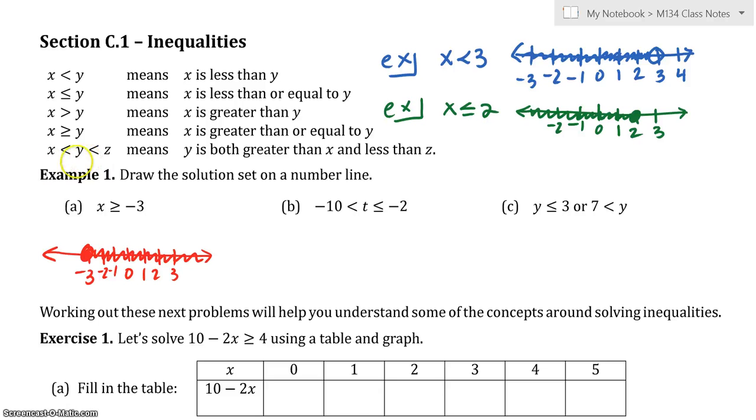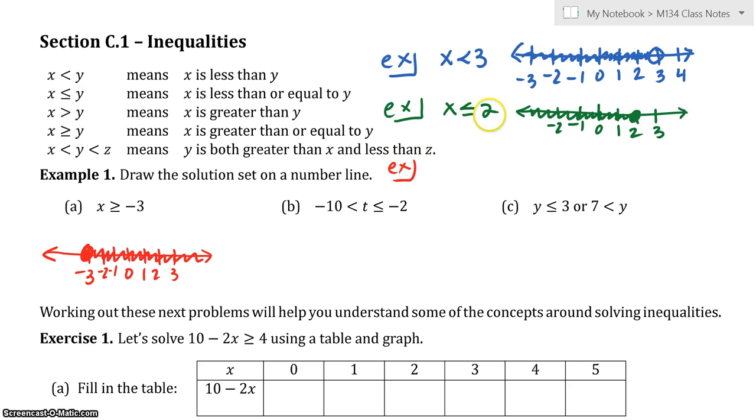The last one, when you have two inequalities, they sometimes call this a compound inequality. This means y is in between the x and the z. And here's what they say, y is both greater than the x and less than the z. Well, this one makes sense. Y is less than z. But if you were to rewrite this, let's do an example like that.